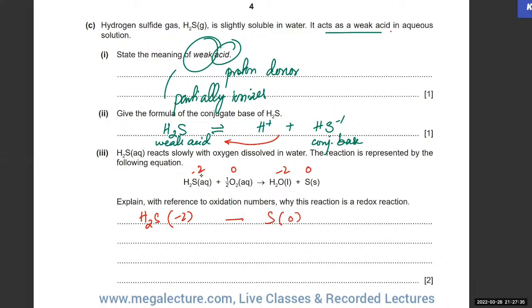That means it's getting oxidized. It loses electrons. And you can talk about the other one, which is O2 turning into H2O, where O is -2 over here, while O is 0 in O2. So that means it's getting reduced. It gains electrons.